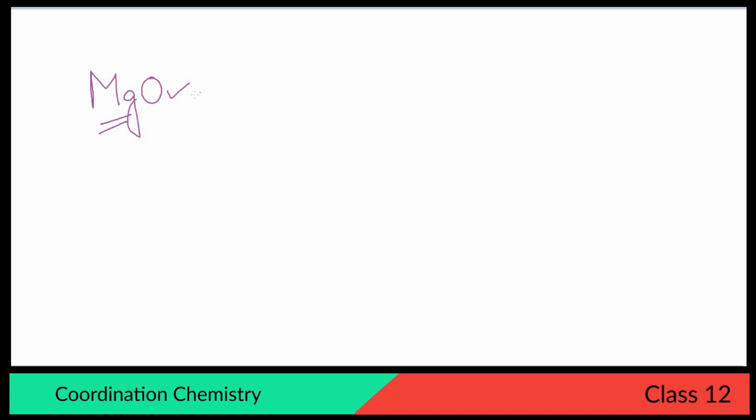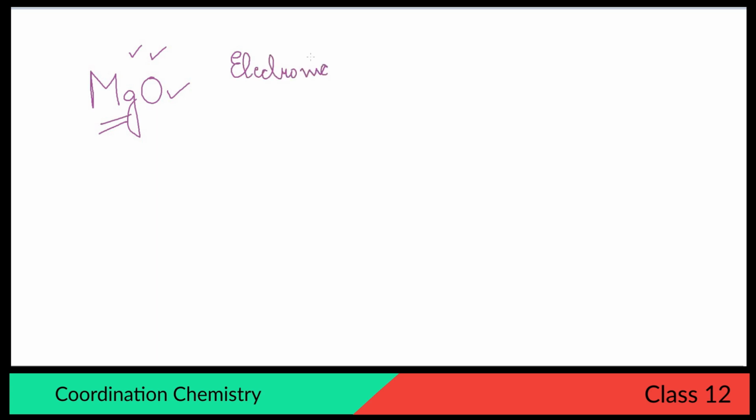Firstly, we need to understand that this compound would form an electrovalent bond. Why is it so? Because there are two components, magnesium and oxygen, which have a striking electronegativity difference, or in very simple language, one is a metal and the other is a non-metal. Now, let us write the electronic configuration of both of them, starting with magnesium.